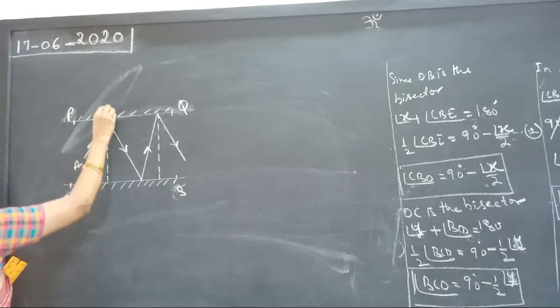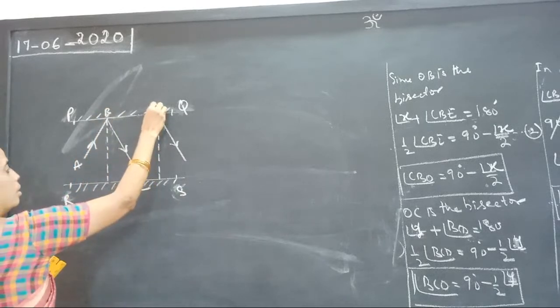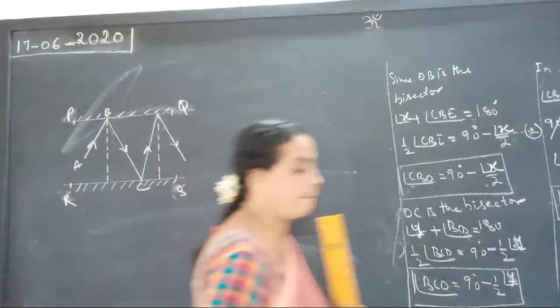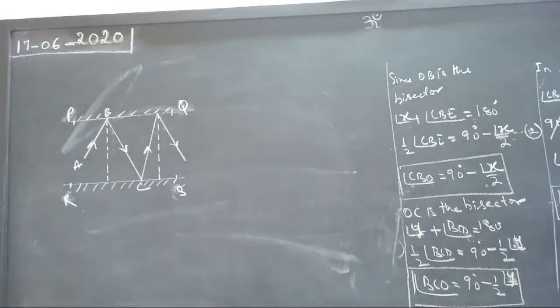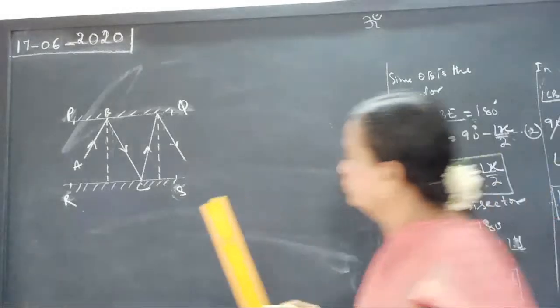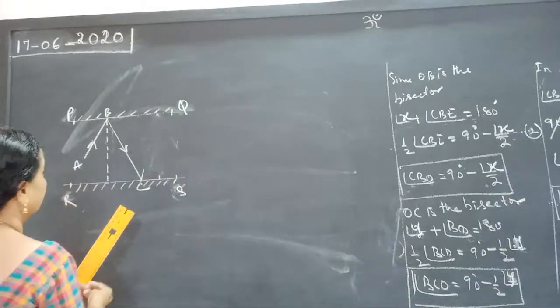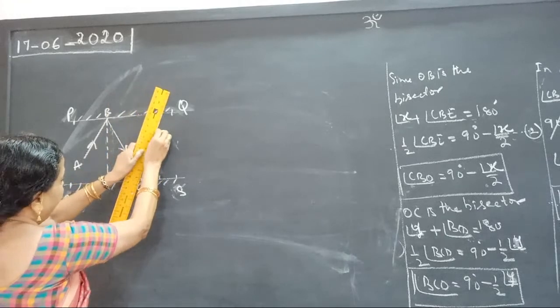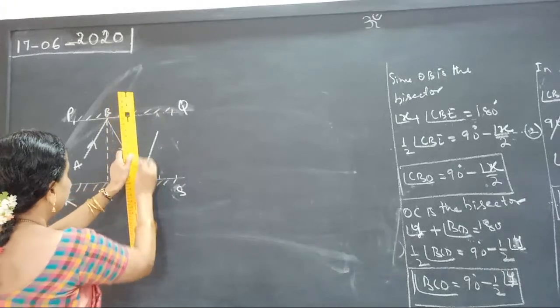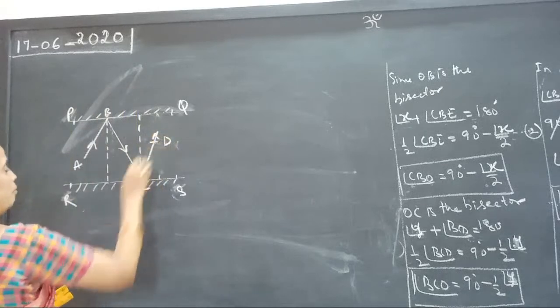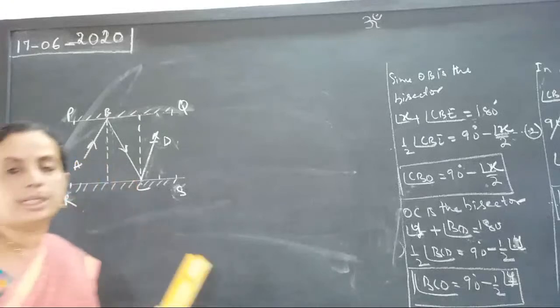This is A, B, C, D. We have to prove AB parallel to CD.